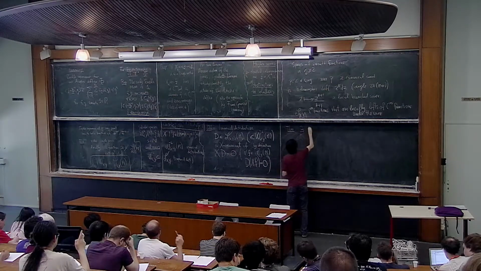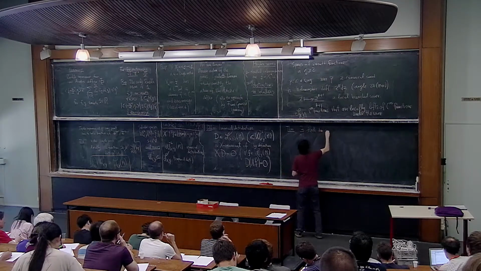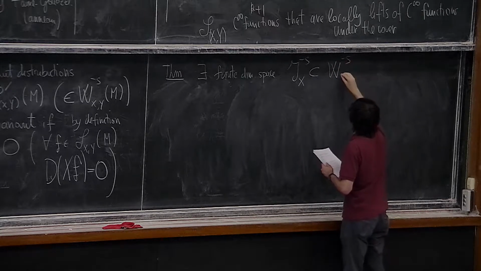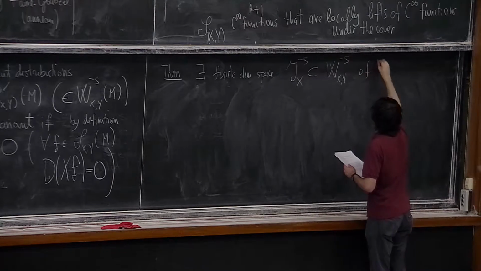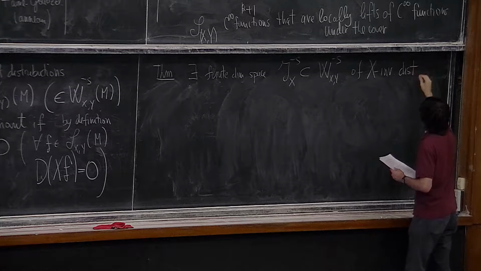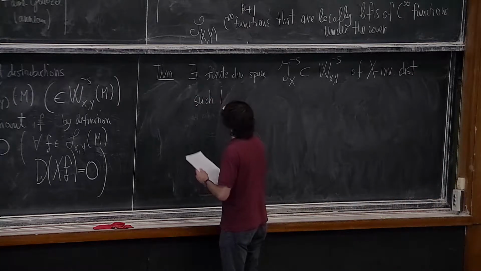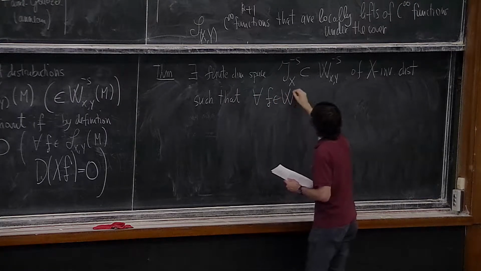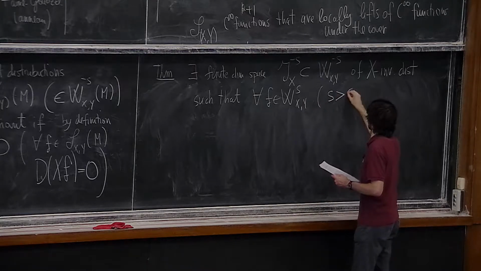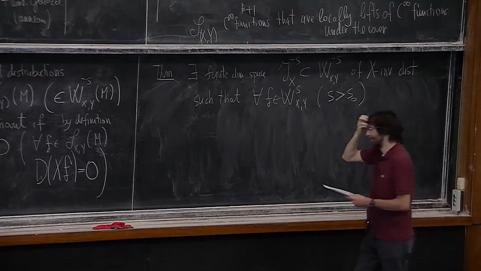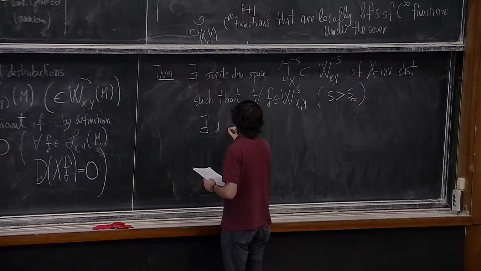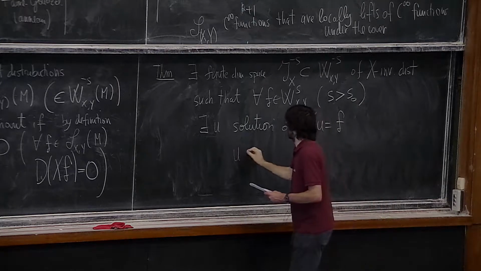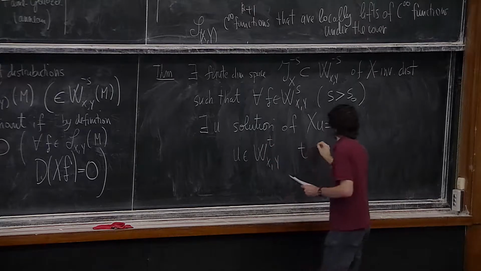There exists a finite dimensional space I minus S X in W minus S of X invariant distributions such that, well, there is also a loss of derivative, such that for every f in WS XY, and this is going to be good for S larger than some S0, I will comment on that in a moment, there exists U a solution of XU equal f with U that belongs to WT XY with T less than S minus S naught.